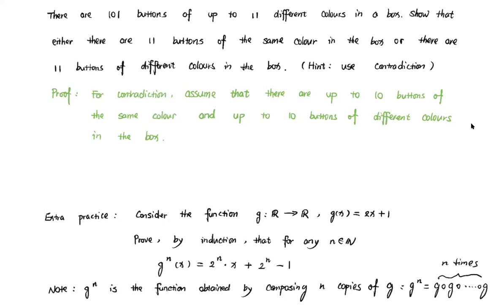How long is it for? I don't know. We'll stop when we finish all the topics. Yes, for contradiction, you need to negate the original statement first. That's your assumption.